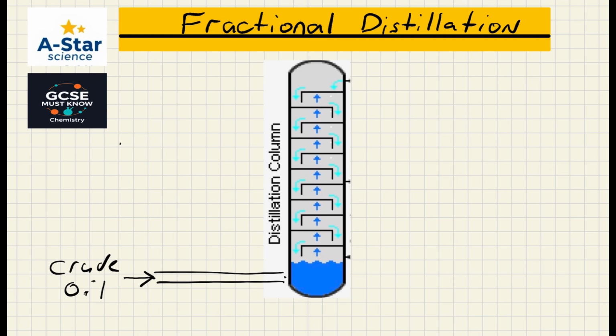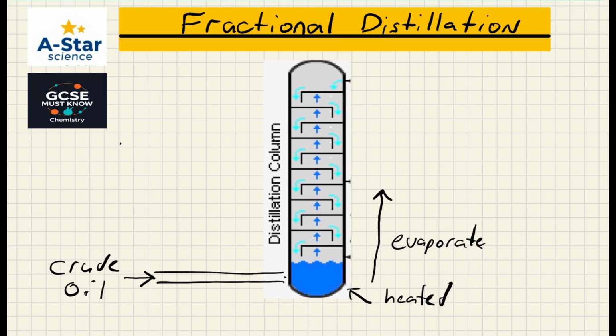And when it gets into the fractional distillation column, it's heated. And as we said, the different components have different boiling points, and they start to evaporate and rise up the column.